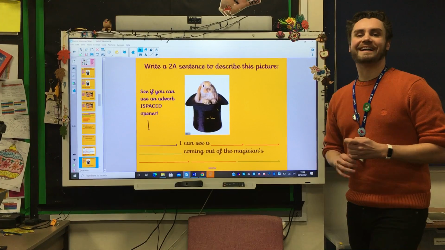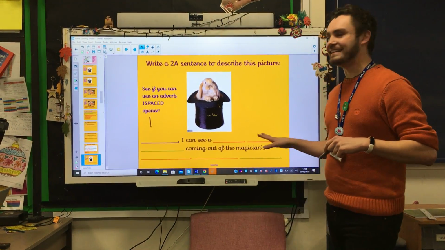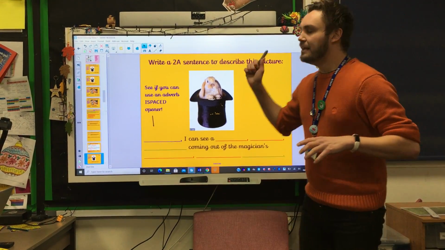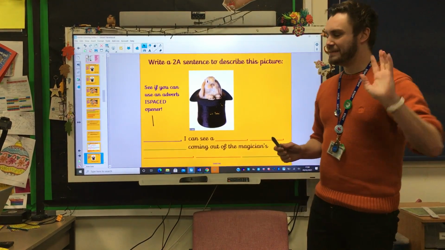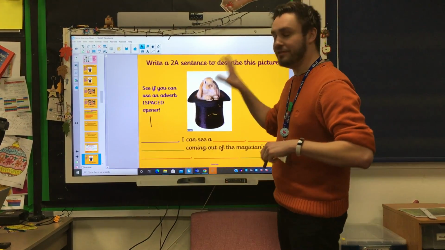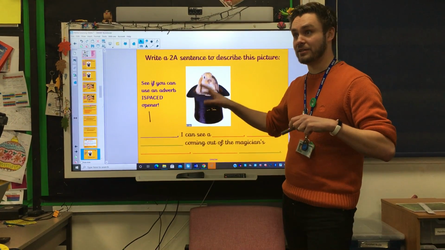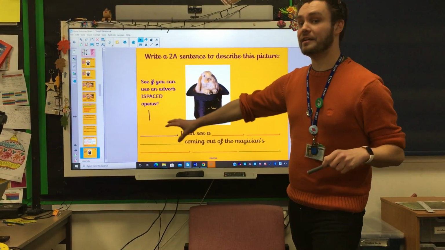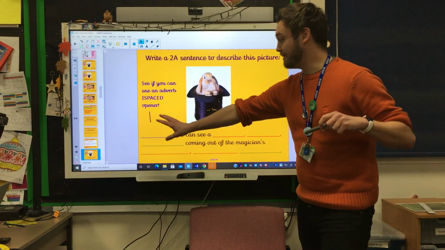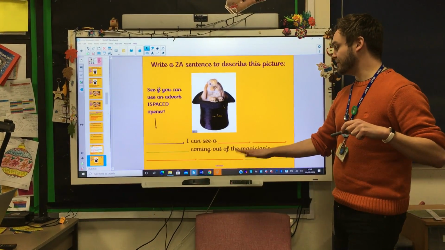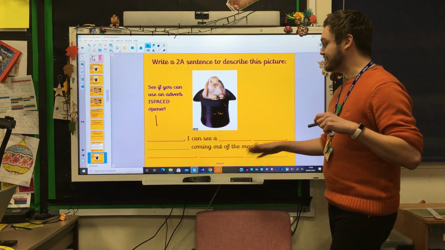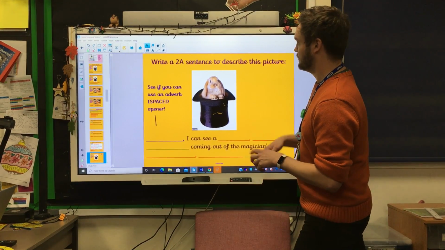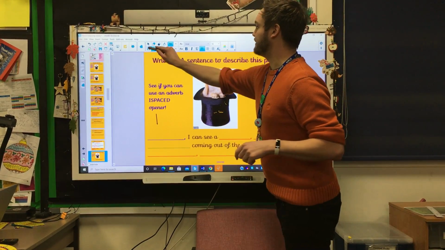Oh, look what's back. So, let's see how you can do. It's up to you, but particularly those working hot and spicy, I would love for you to use your iSpace opener sheet you have from yesterday and try and include an adverb iSpace opener here in the blue. The rest of you, think to yourself, what can you see?